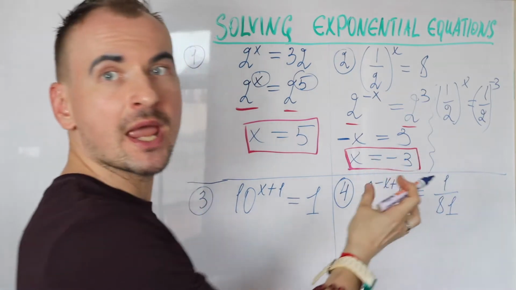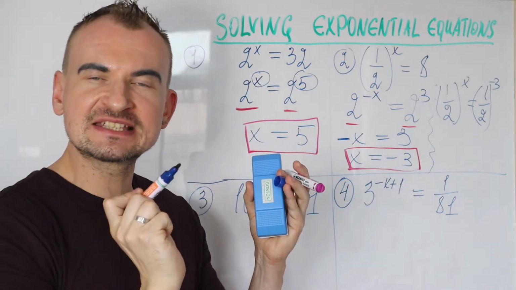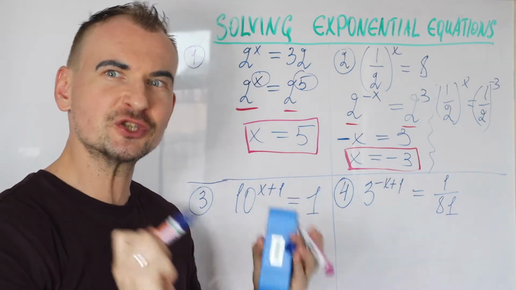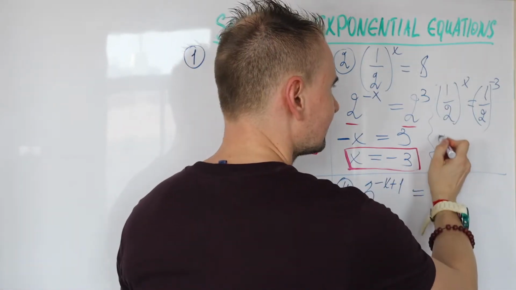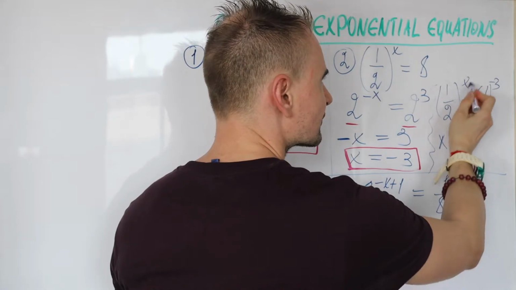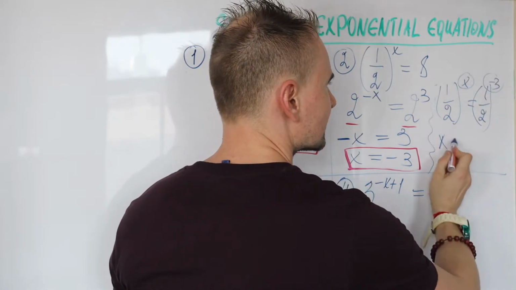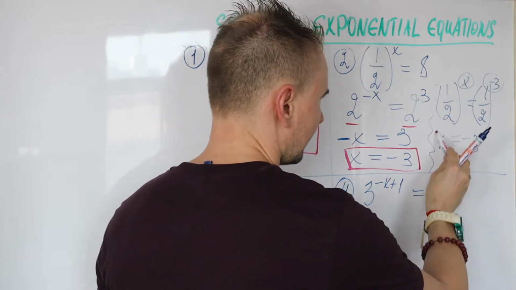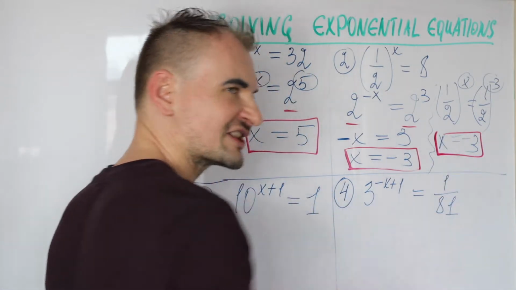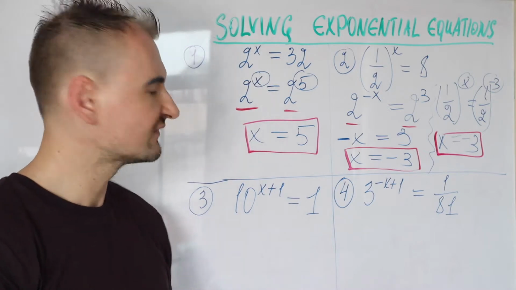So here we came up with the same base, which is a half, not 2. So set the powers equal to each other and you would come up with x equals -3. As you could see, the same answer.